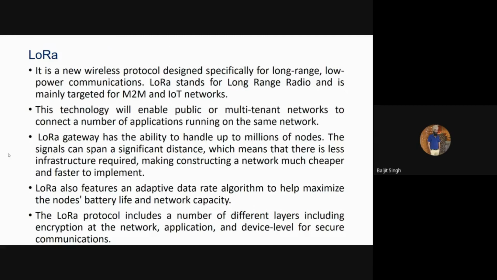The signals can span a significant distance, which means less infrastructure is required, making constructing a network much cheaper and faster to implement. LoRa also features an adaptive data rate algorithm to help maximize the node's battery life and network capacity. The LoRa protocol includes a number of different layers, including encryption at the network, application and device level for secure communications.